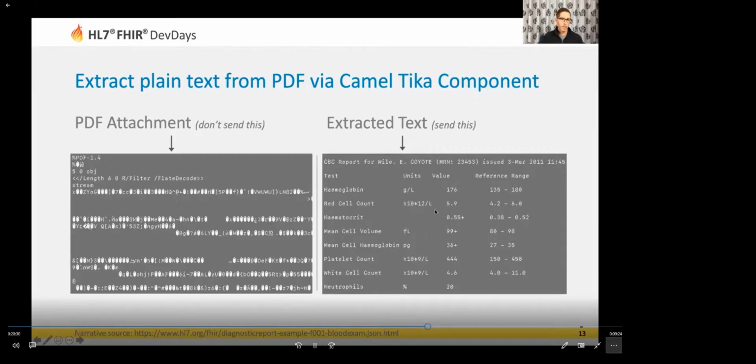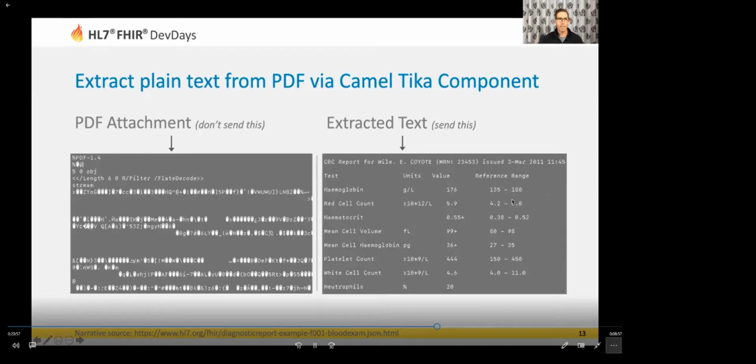One quick note about this text right here is that it's considered to be semi-structured, in part because it has this notion of columns, 4 columns. A human looking at that can instantly detect that those are columns and that this is the header. Okay, these are the tests, these are the units, these are the values, these are the reference ranges.